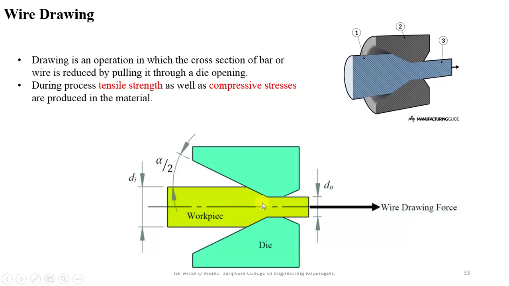Here we are not applying a force at the initial stage, we are just reducing the diameter externally using some lathe operation, or you can use a hammer to reduce the notch of this wire's initial condition. Then you insert that notch into this die and pull it. After pulling it, you can tie this end to the roller, which is operated by a motor.